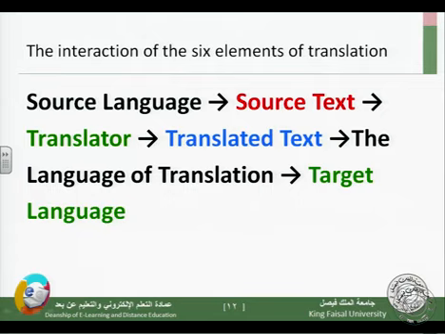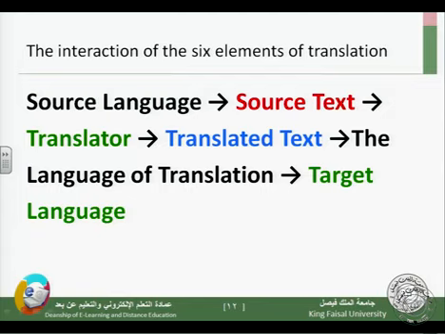Now you can see we have a source language. The source language, then we choose the text, the source text, then the translator. Then the translated text comes along as a result of the translator working on the source text. Then we have some kind of language called the language of translation.